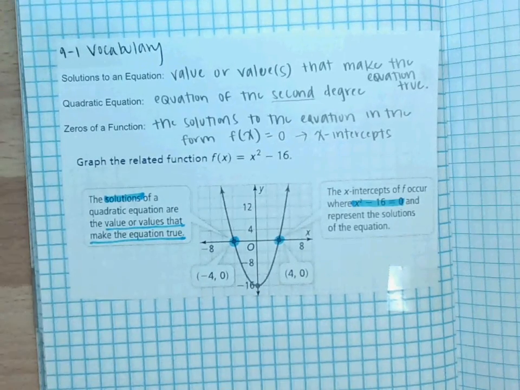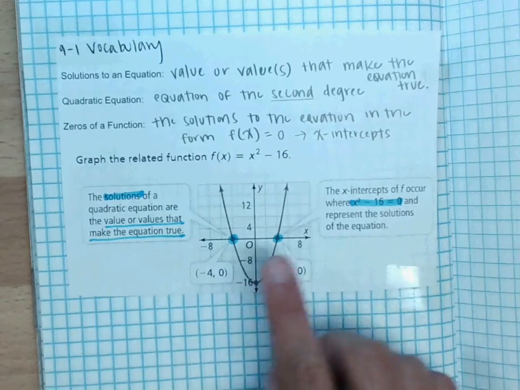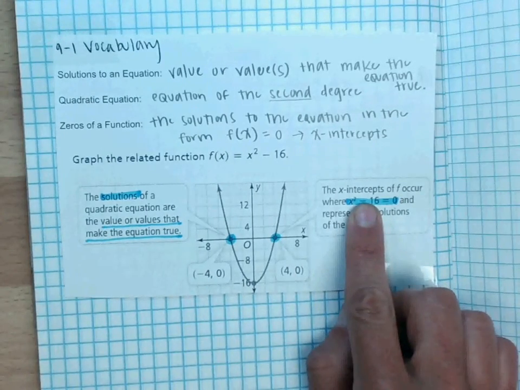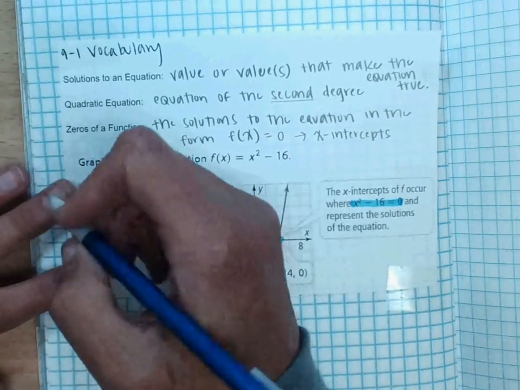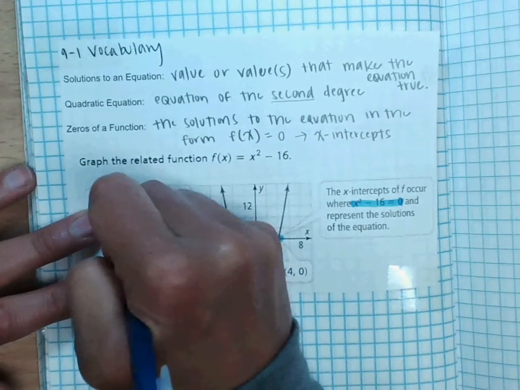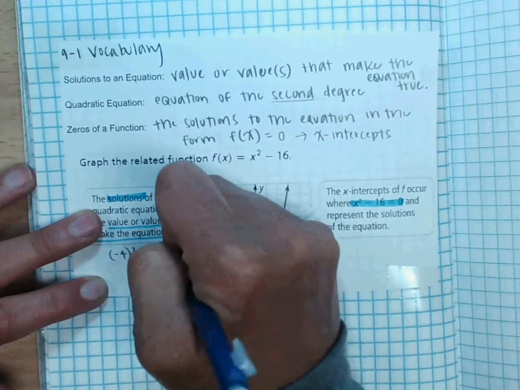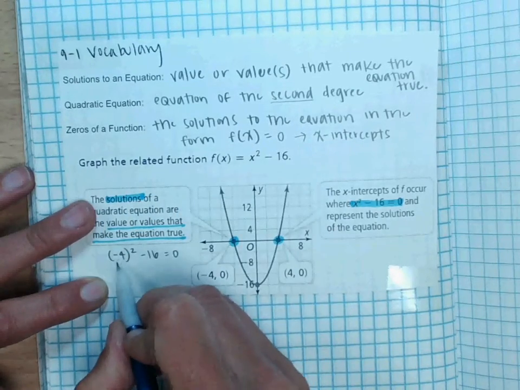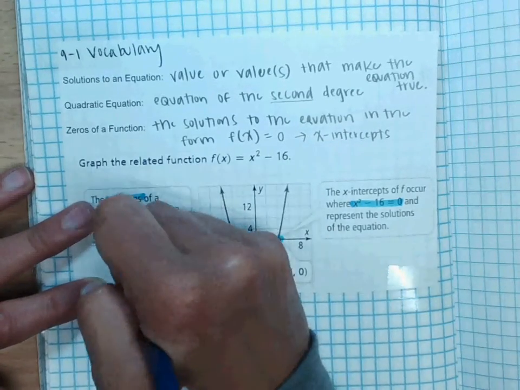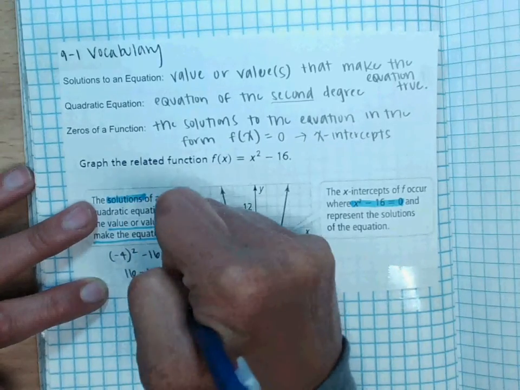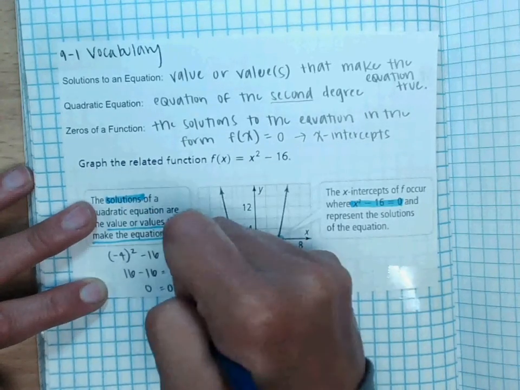So if I plugged in -4 to this equation, I should get 0 equals 0. Let's try it. -4 squared minus 16 equals 0. Well, -4 squared is positive 16, and 16 minus 16 is 0. So it works.